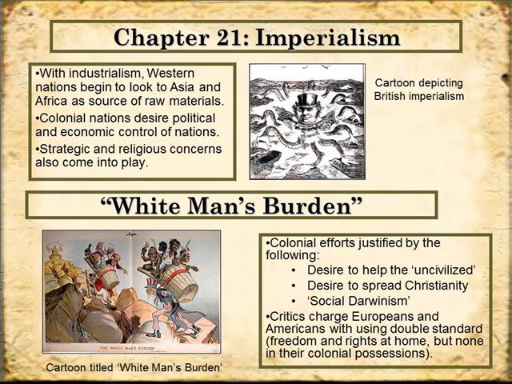Now, sometimes that could be looked upon as the way that socially they have arranged their government was of greater desire than the way that somebody in Africa or Asia had organized their government, and so that they could come in and take over. Critics charged Europeans and Americans with using a double standard: freedom of rights at home, but none for their colonial possessions.